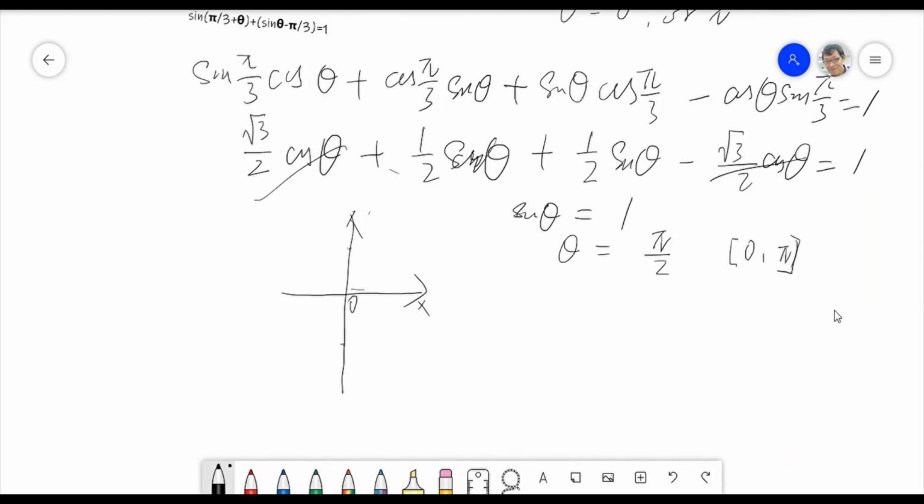If there were no domain, we could write it as 2k pi plus pi over 2. So we can write it this way, and k can be 0.